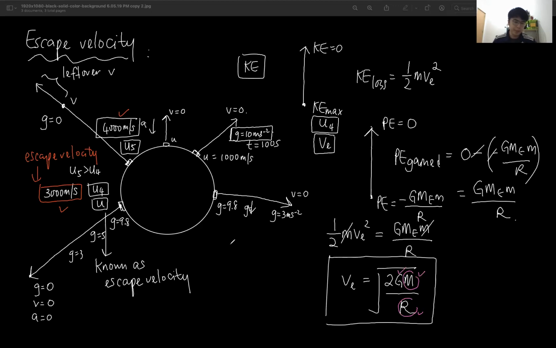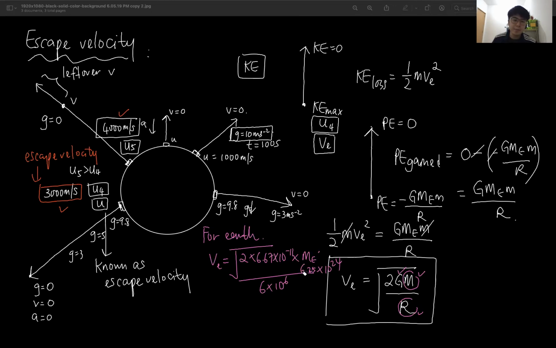Now, for the Earth, VE equals the square root of 2 times 6.67 times 10 to the power minus 11 times the mass of the Earth over the radius of the Earth, 6 times 10 to the power 6.